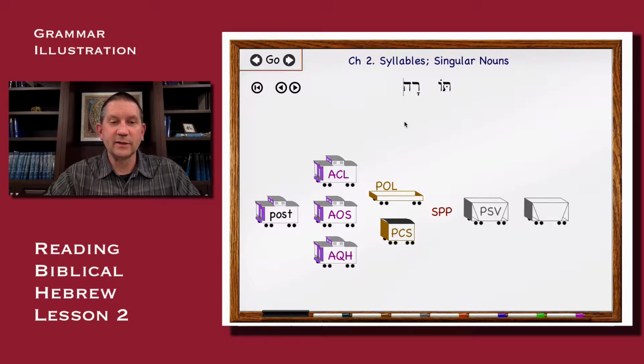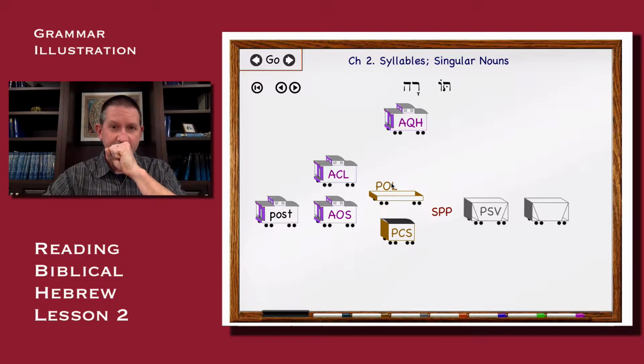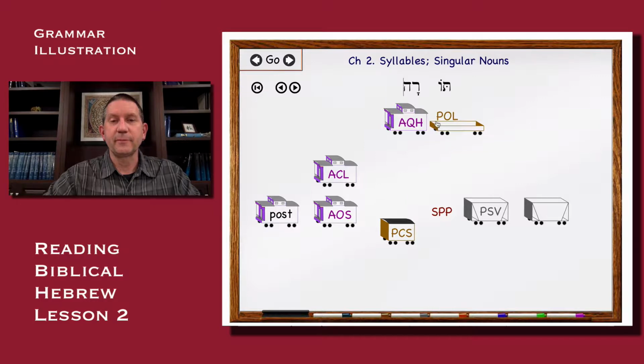That's a mater lectionis. But we also notice, as soon as we've called it a hey, that this is a kametz hey. So this shouldn't take a lot of effort if we know our syllables really well. And then what about this? Again, this is pre-tonic, and it's open, and it's long. It ends in a vowel, and cholam vav is always long.